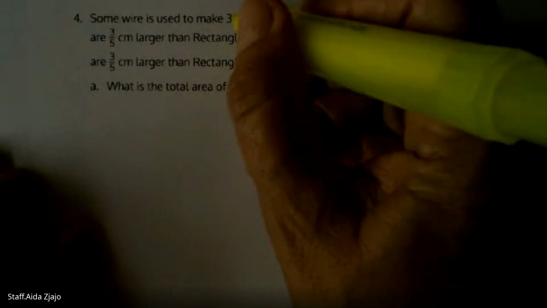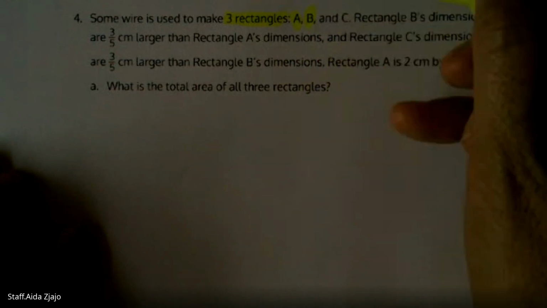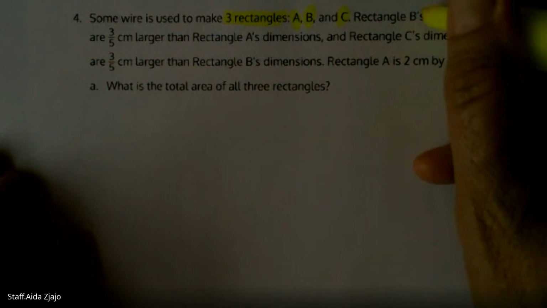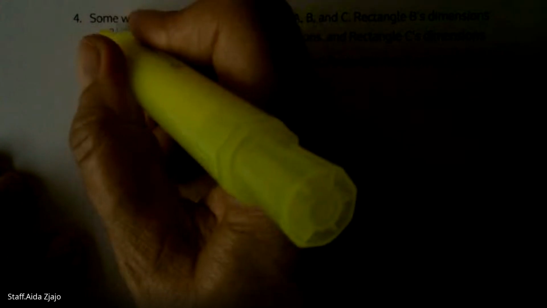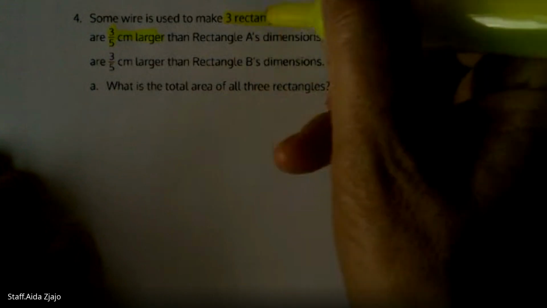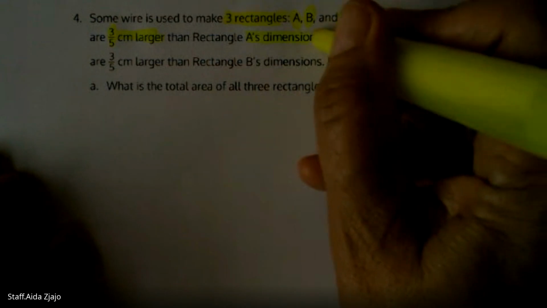Some wire is used to make 3 rectangles: A, B, and C. Rectangle B dimensions are 3/5 centimeters longer than rectangle A's dimensions.